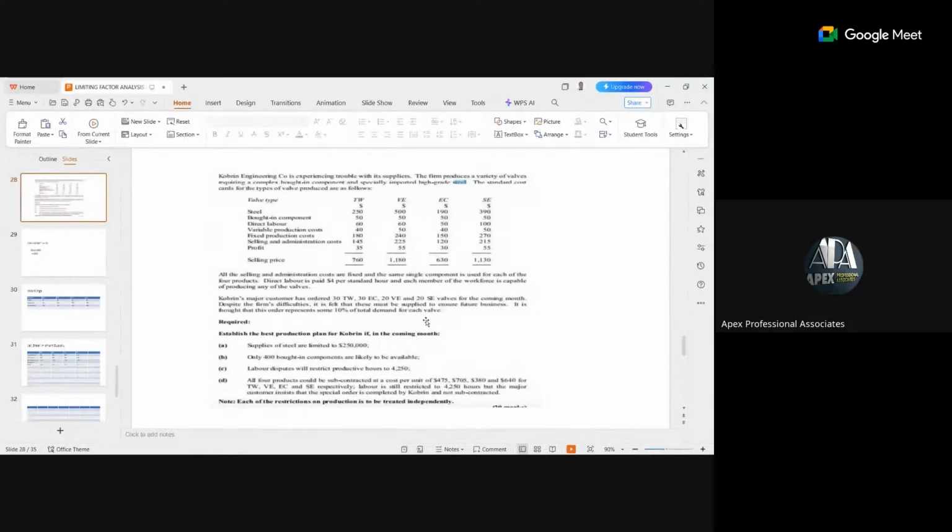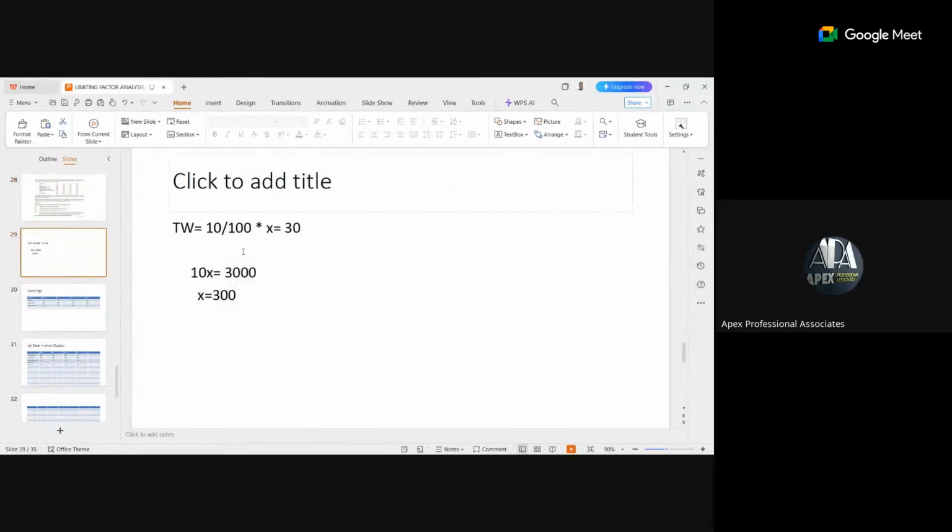So for you to get the total demand, if 10% of total demand is 30, what is that total demand? So I now put forth this simple illustration that for TW, if 10% of my total demand, which I'm representing as X, is equal to 30, what is this X?